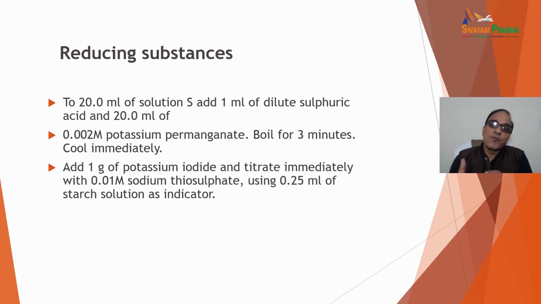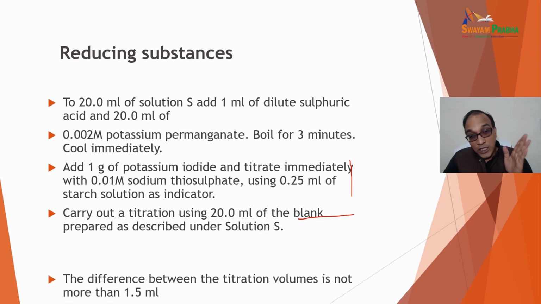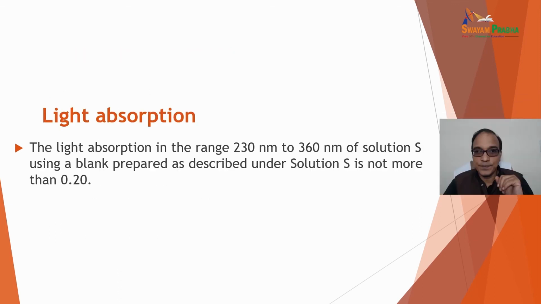Then add 1 gram of potassium iodide and titrate immediately with 0.01 M sodium thiosulfate using 0.25 ml of starch solution as indicator. Carry out this titration using 20 ml of the blank prepared as described under solution S. The difference between the titration volumes should not be more than 1.5 ml.